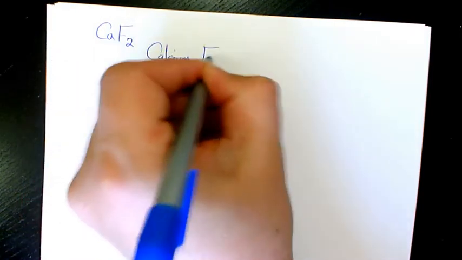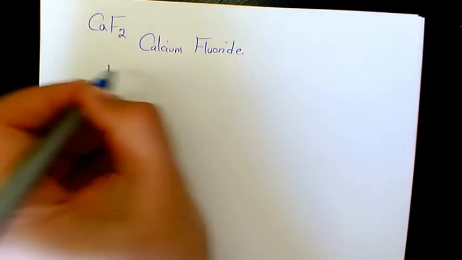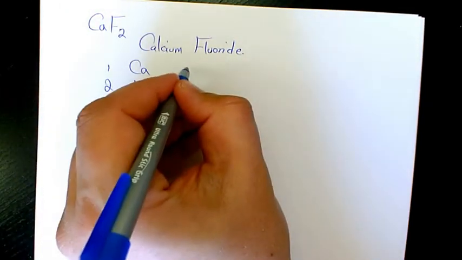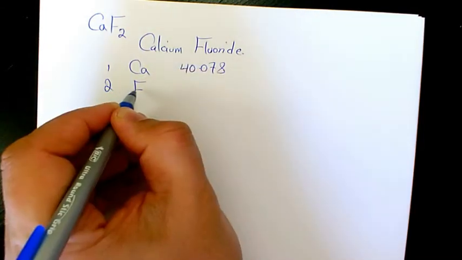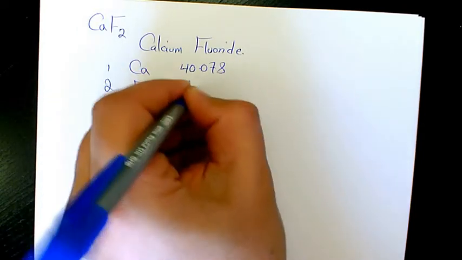Next one is calcium fluoride. Calcium fluoride has 1 atom of calcium and 2 atoms of fluorine. The atomic mass of calcium is 40.078 and fluorine is going to be 18.998.